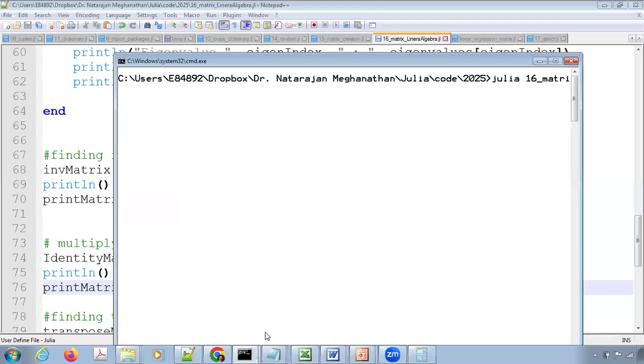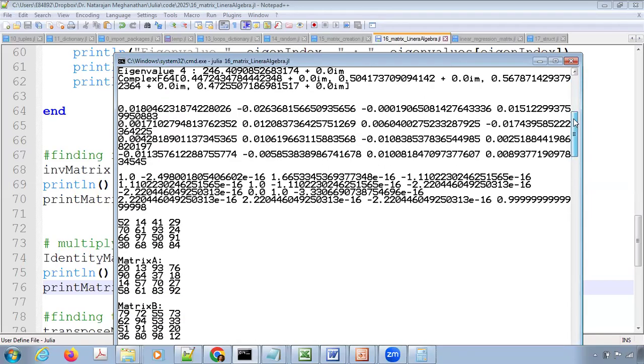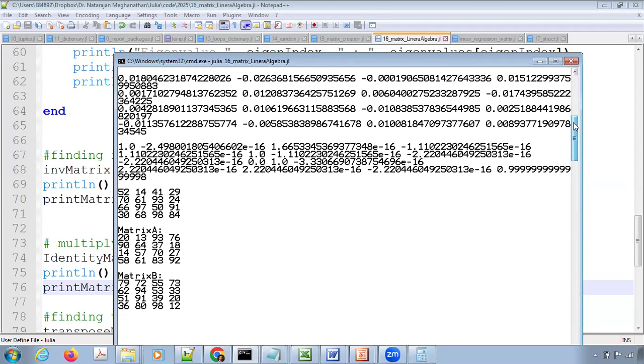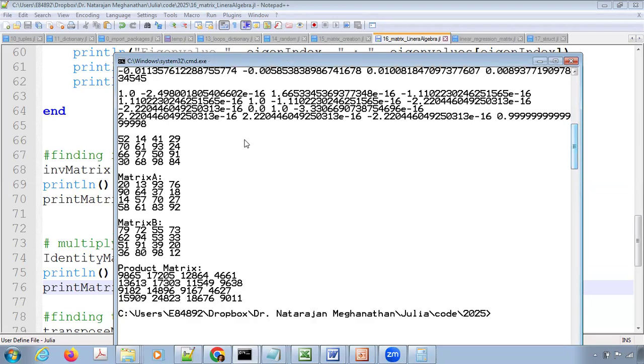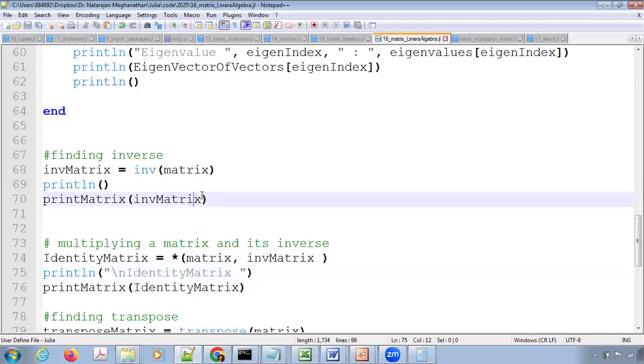Rerunning it, a new random matrix gets generated, which in this case starts with 52. Let me print the inverse here.